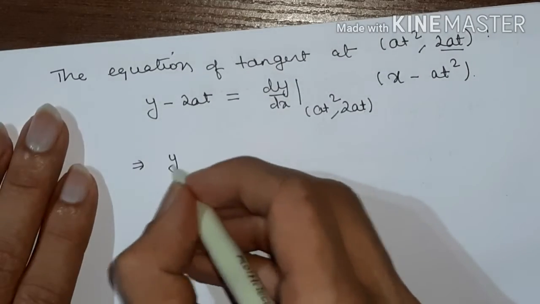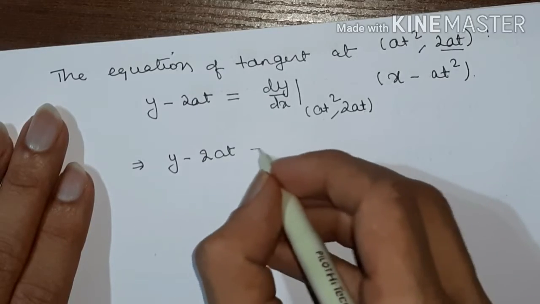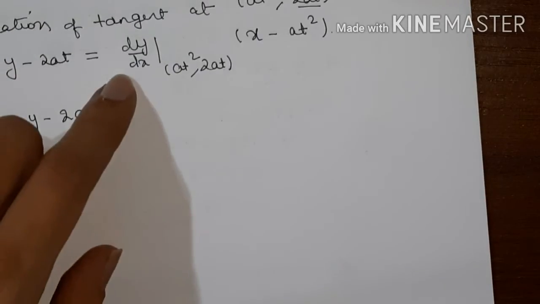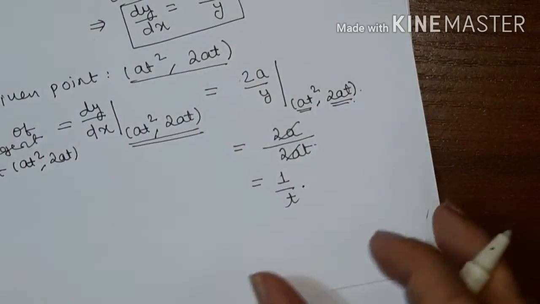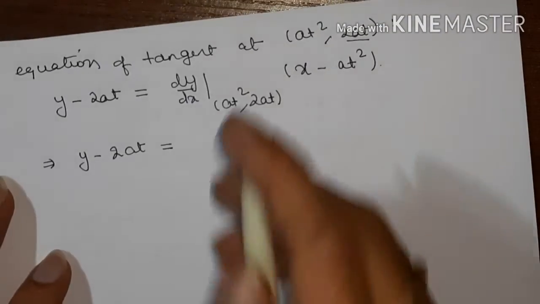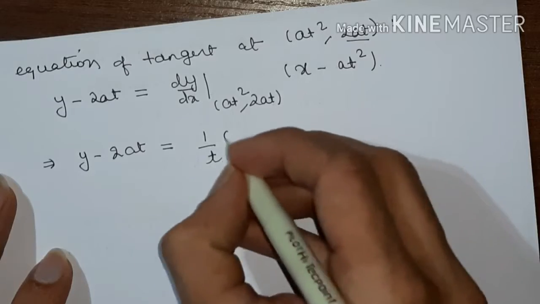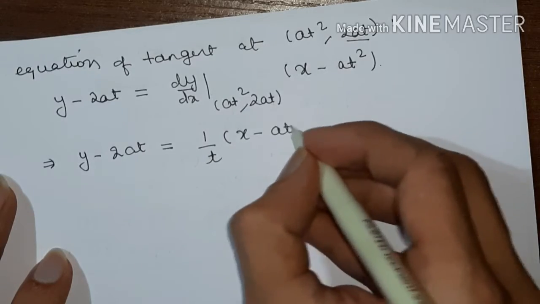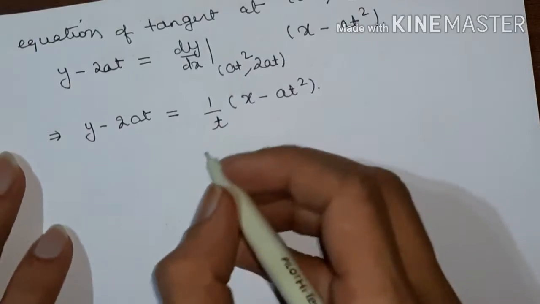So I'll get y minus 2at equal to the slope of the tangent, which we have found out as 1 by t, multiplied by x minus at².